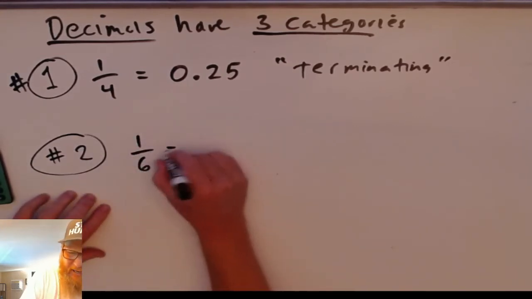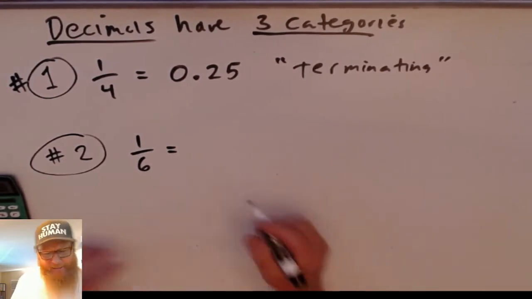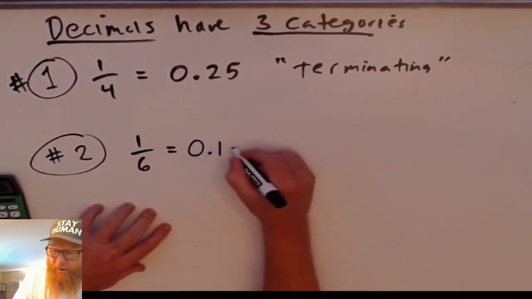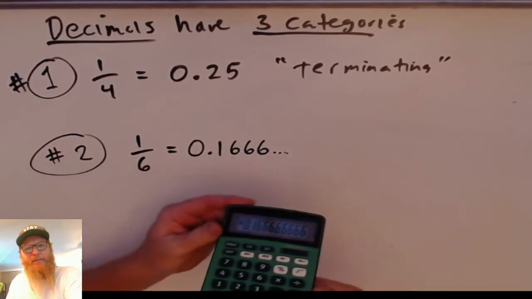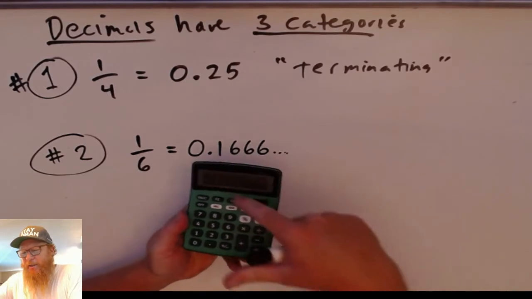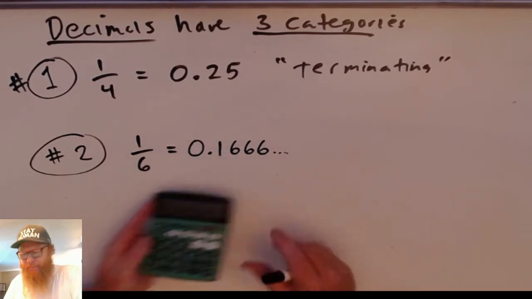Category number 2. Something like 1/6. 1 divided by 6, I already knew that one. It's 0.1666666666666. Now notice the 1 is not repeating. It's only the 6 that's repeating.